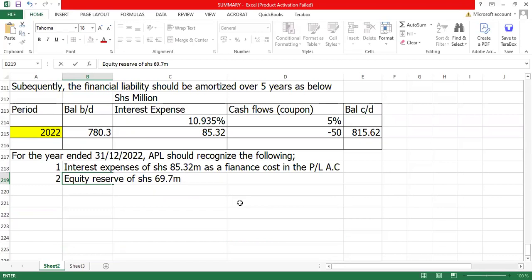So you recognize equity reserve of shillings 69.7 million in the statement of financial position, that is the balance sheet.